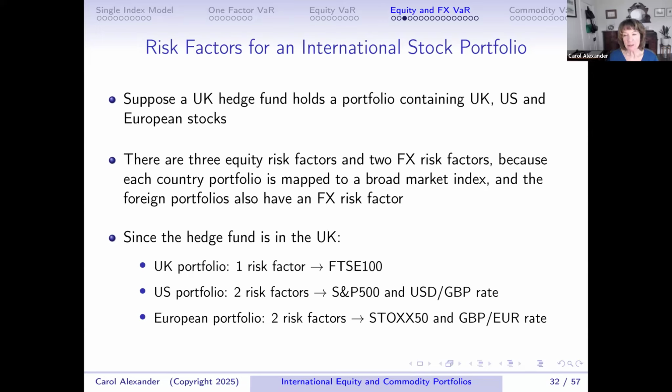The equity risk factors could be more than 3, depending on whether you want to look at sector indices or so forth, but at least you'd need the FTSE 100, the S&P 500 and the Euro Stoxx 50. Those are the standard broad market indices we use in these countries. There are others, of course, but those would be examples.